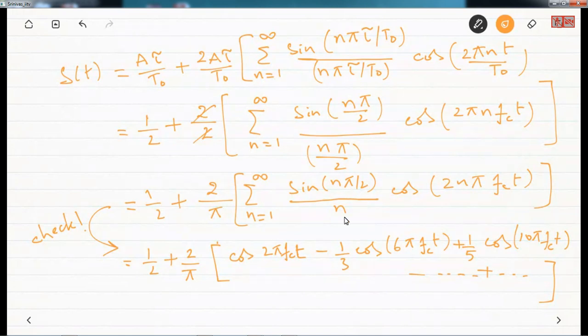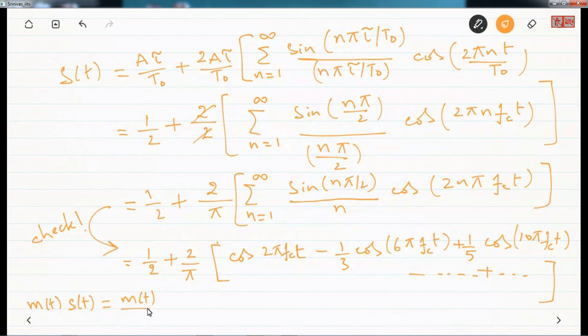Now we have the S of t expression, and this S of t is getting multiplied with m of t. So just imagine that m of t multiplied by S of t will be m of t by 2. So this whole expression will get multiplied by m of t, right?